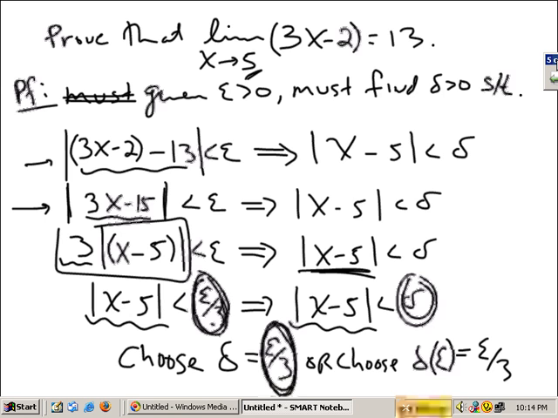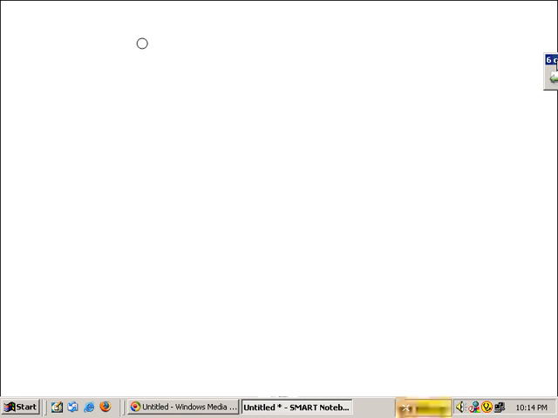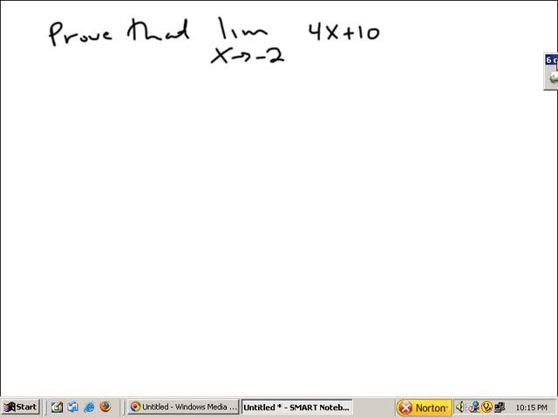Let's try another one. Suppose I ask you to prove that the limit as x goes to -2 of, I don't know, 4x plus 10 is equal to 2.